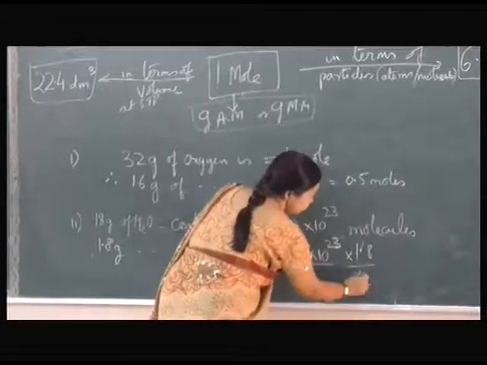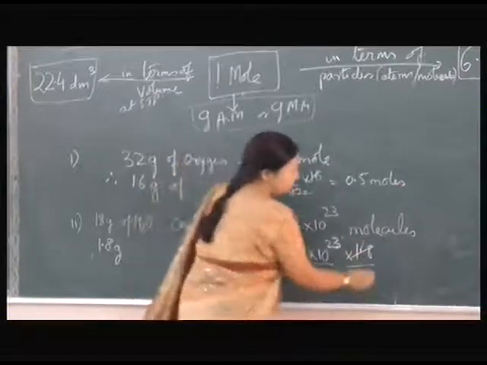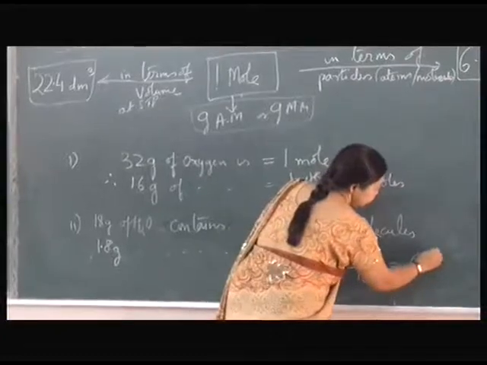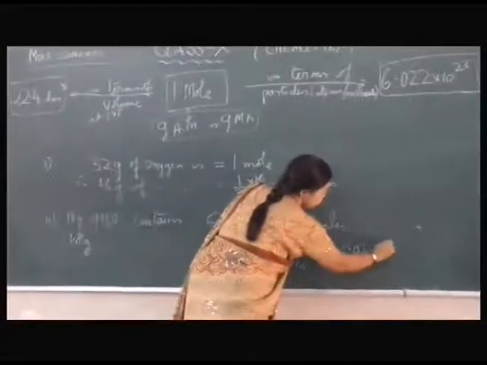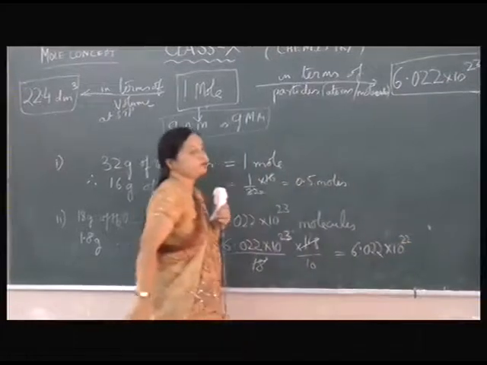Remove the 8. So it will be 6.022 into 10 to the power 22 molecules.